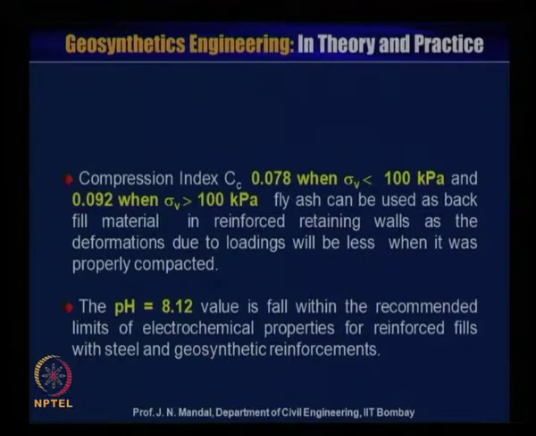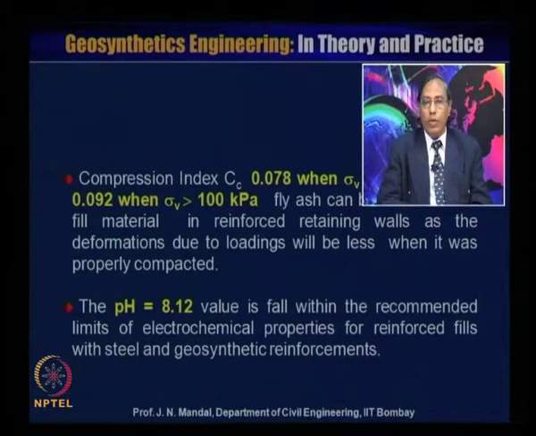Now, the compression index Cc is 0.078 when sigma v is less than 100 kilopascal, and 0.092 when sigma v is greater than 100 kilopascal. Fly ash can be used as a backfill material in a reinforced retaining wall, as the deformation due to loading will be less when it is properly compacted.